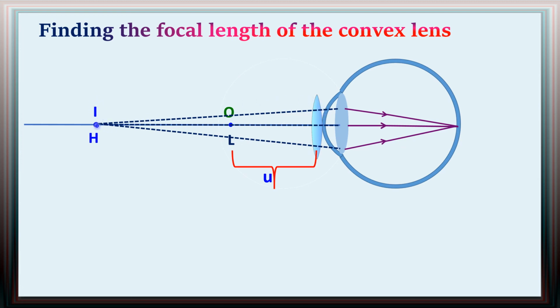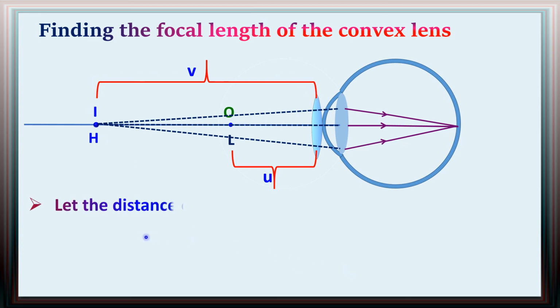At H. So let the distance of the near point be represented by small d. So the image is at H. U is the object distance and V is the image distance. Okay. Let the distance of the near point be small d. So from here to here I am taking it as small d.